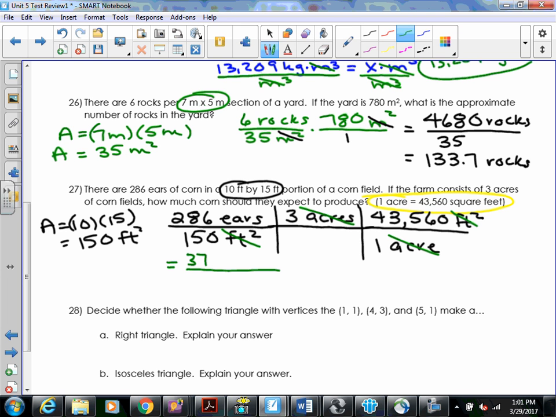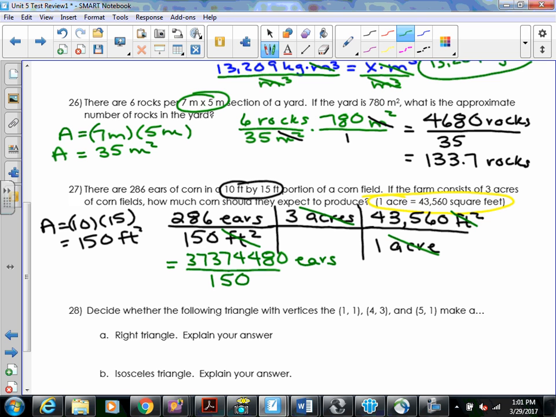Okay, hold on. 3 times 286 times 43,560 is 37,374,480 ears. And then on the bottom, I just have 150.